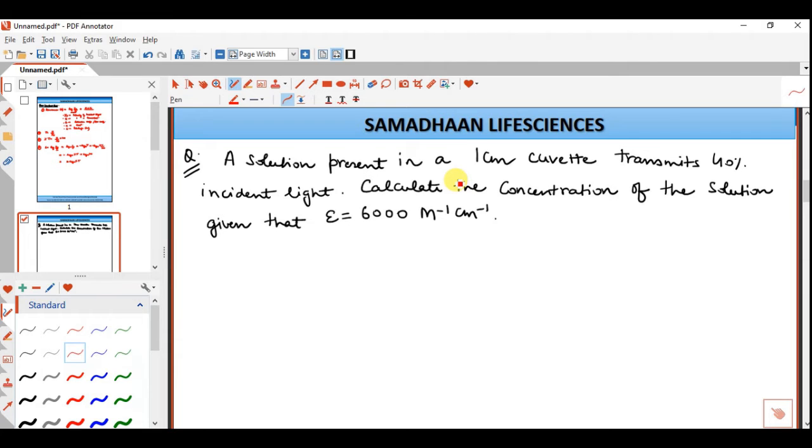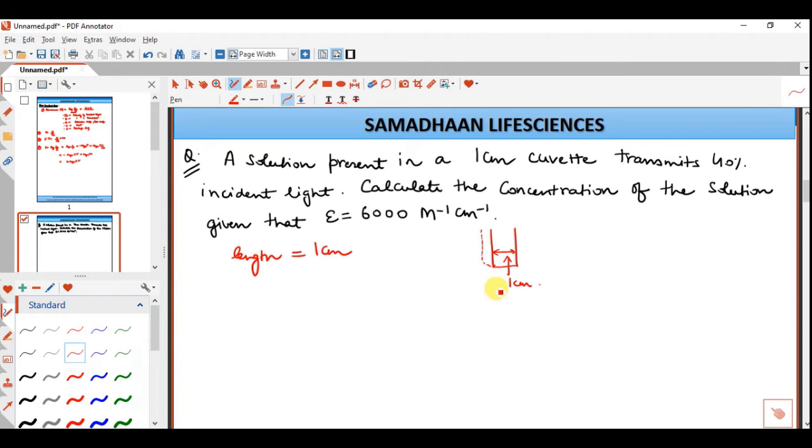Let us write down what has been given to us. In these questions, first of all, you should be clear what has been given and what is being asked. If you look carefully, the length has been given to us and it is 1 centimeter. So the cuvette length is 1 centimeter.